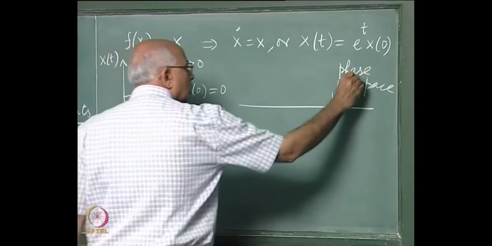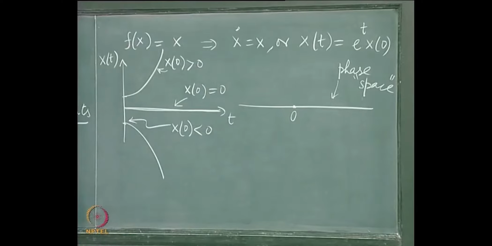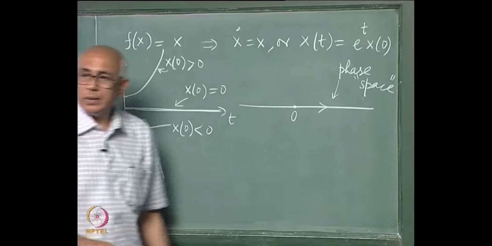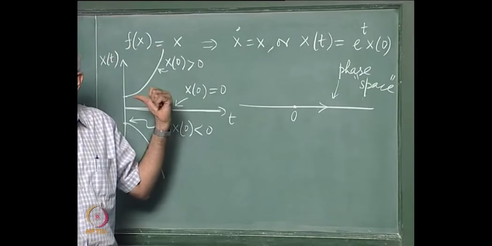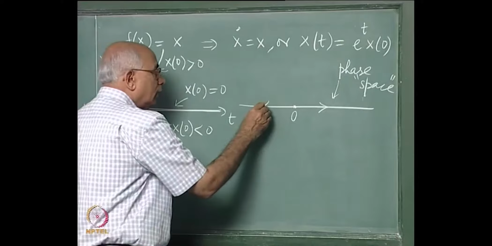Here is the point 0, and there are only two different kinds of trajectories possible on this, those which would start anywhere here and move off to infinity, which I denote by an arrow outwards, and those which would start here and move off to infinity, which I denote by an arrow pointing leftwards.